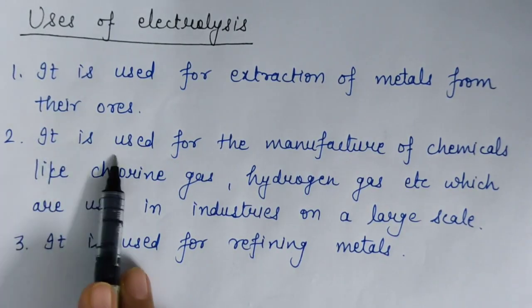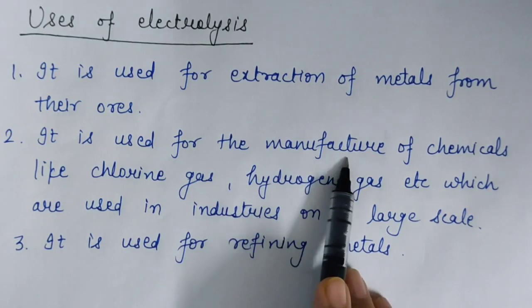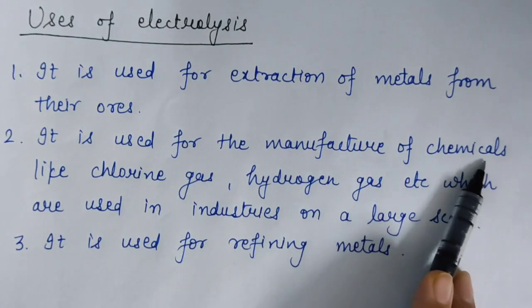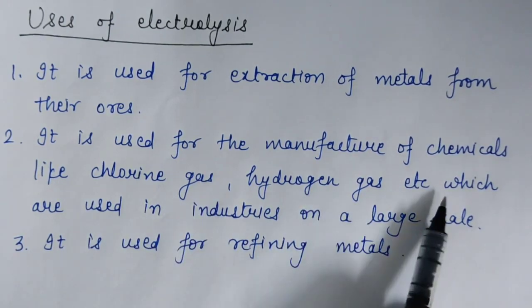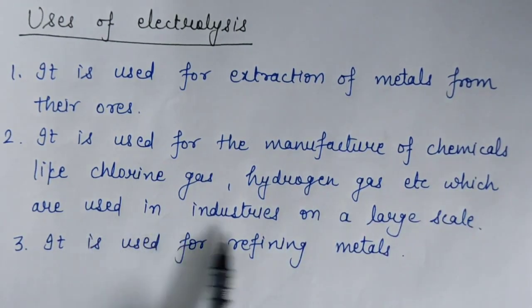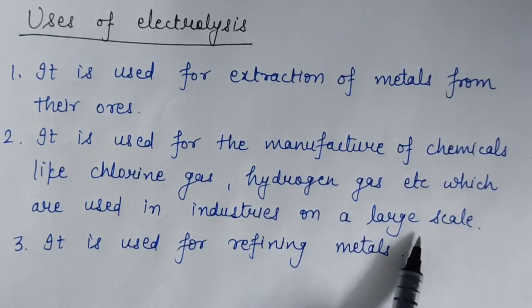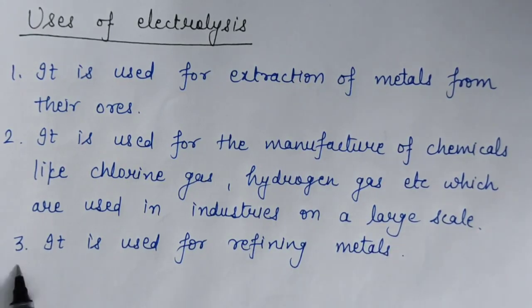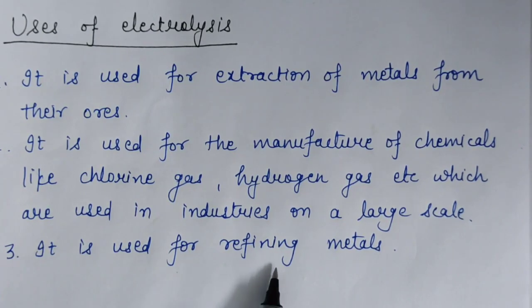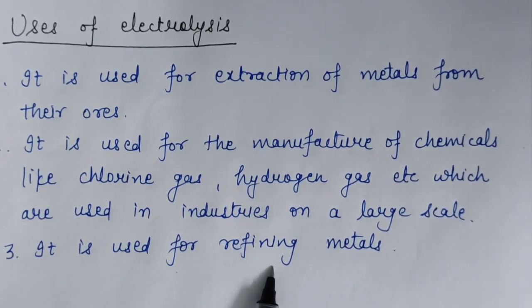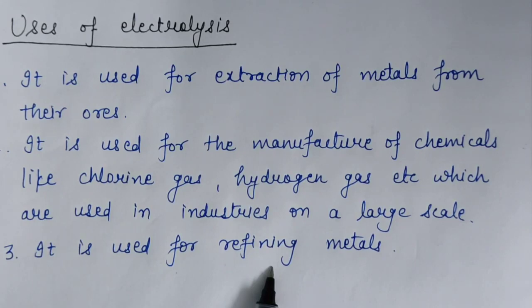Second, it is used for the manufacture of chemicals like chlorine gas, hydrogen gas, etc., which are used in industries on a large scale. Third, it is used for refining metals. Metals like zinc, copper and silver are refined using this process. So these are the various uses of the electrolysis process.